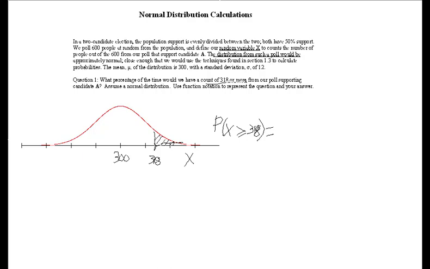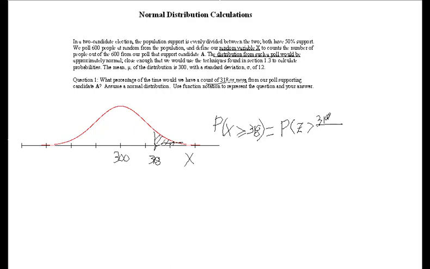But of course, this is a normal curve. The area represents the proportion, but I don't know how to calculate the area of this. So what I need to use is some kind of software or a table that will allow me to find out what this area is. So I'm going to turn my 318 into a z-score. So now I'm going to write again the function notation.